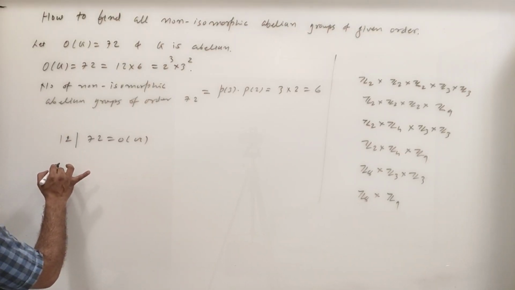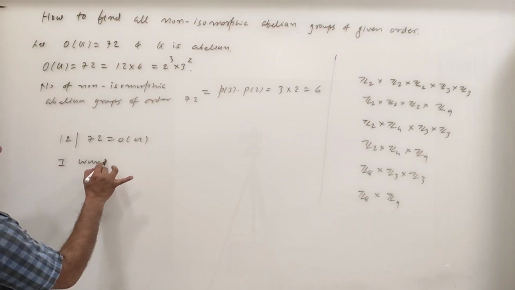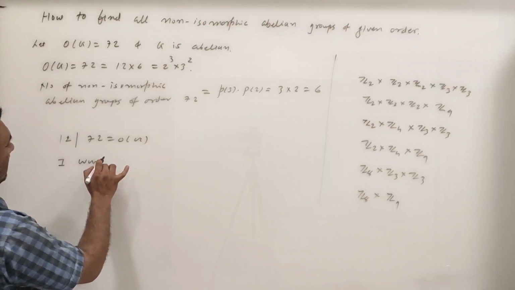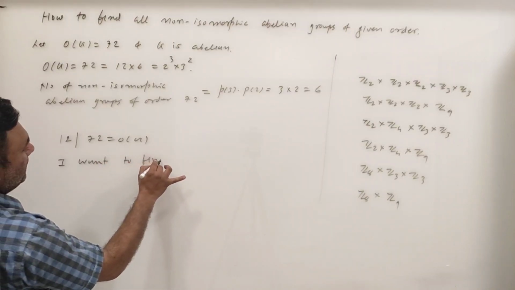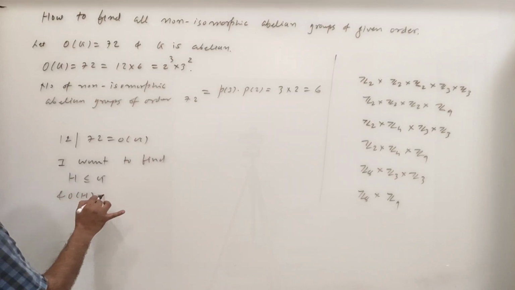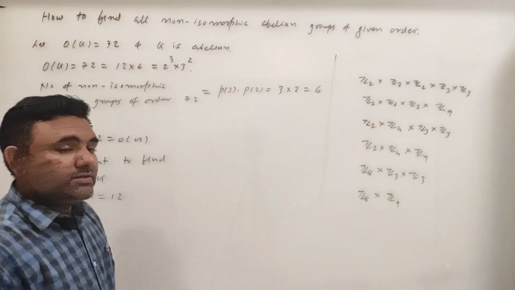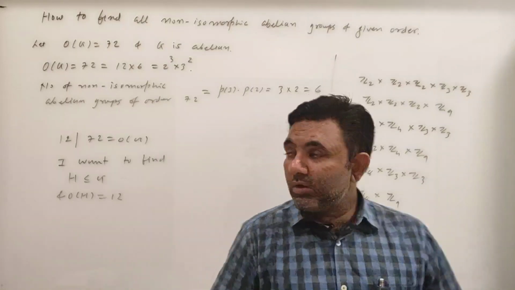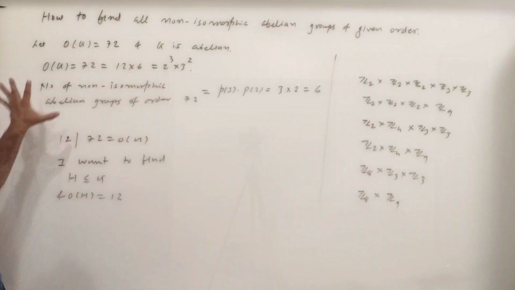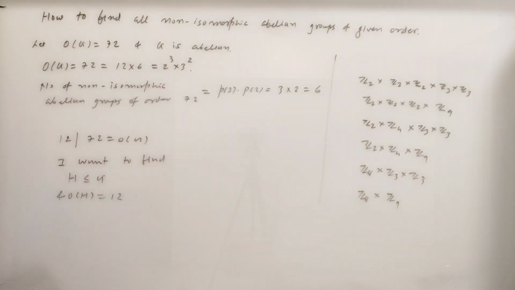So I want to find H subgroup of G and order of H is 12, राइट. 72 का डिवाइजर है 12, तो मुझे 12 ऑर्डर का उसको सब ग्रुप चाहिए, राइट. तो यहाँ से मुझे एक चीज़ क्या पता चले कि G मेरा अबेलियन है. G is abelian.